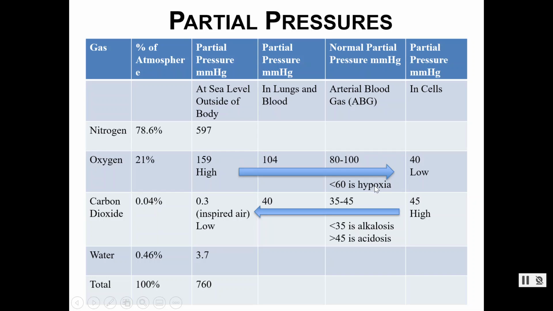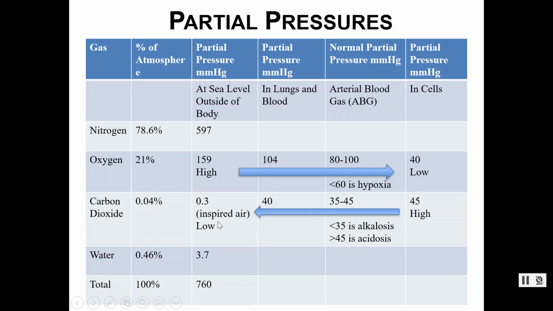Now carbon dioxide, outside your body, 0.3. That's pretty low. 0.3, y'all, not even 1. Notice a little bit higher in the lungs and pulmonary capillaries, a little bit higher in your arteries too. 45 in your cells. So it's kind of high in your cells. Coincidentally, which way is our arrow going?